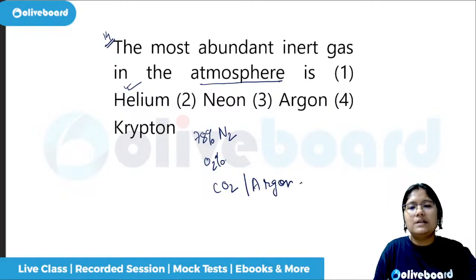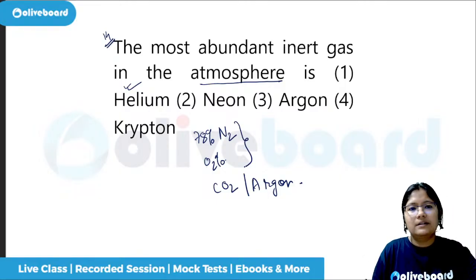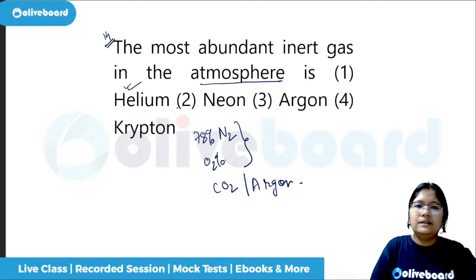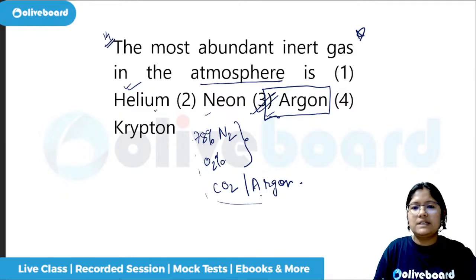We study in this sequence, right? The others are not inert gases, and in the options they are given inert gases: helium, neon, argon. So which is the correct answer? Yes, option 3, argon, is the correct answer, because this is the sequence. If we know this sequence, then we know that argon is the most abundant.